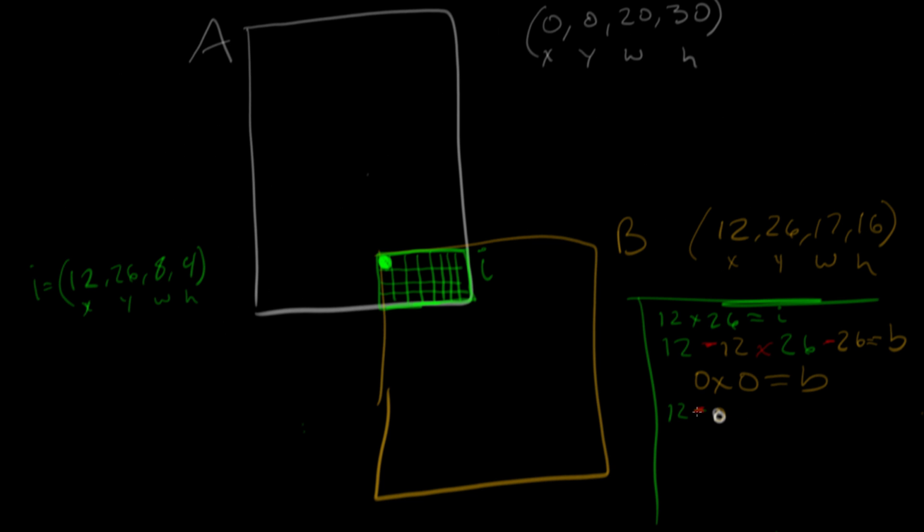And then that is red as well. 12 minus 0 by, or comma, either one. 26 minus 0. That is going to equal A. So that turns out to be 12, 26. And that needs to be in white.